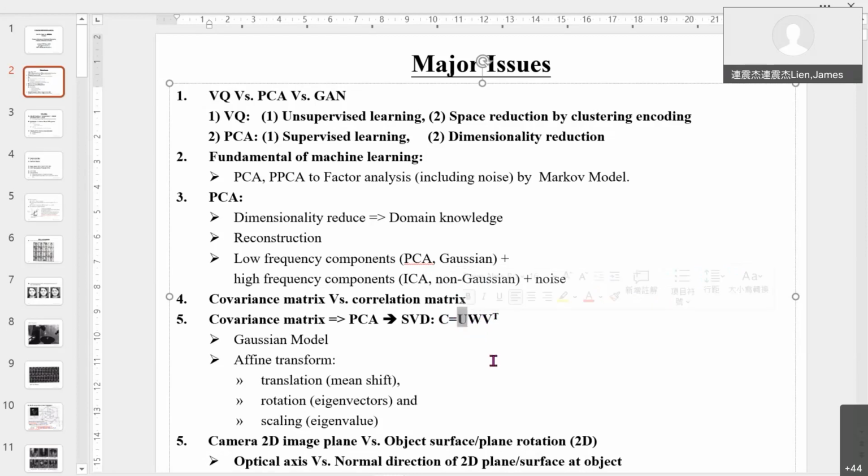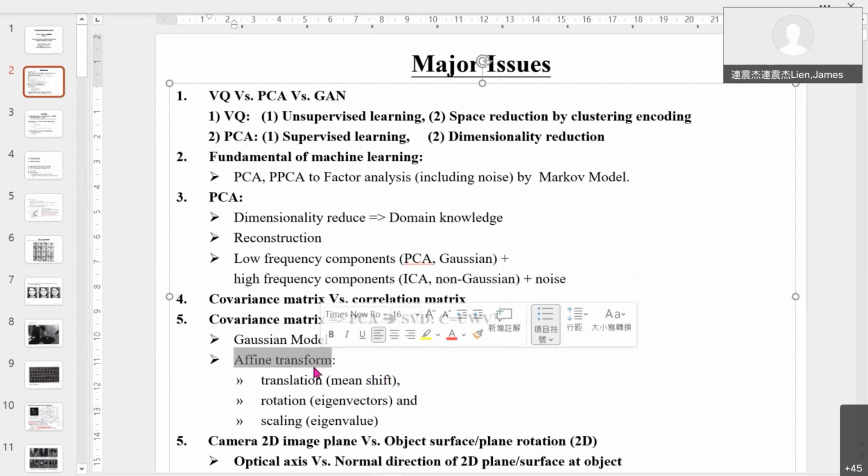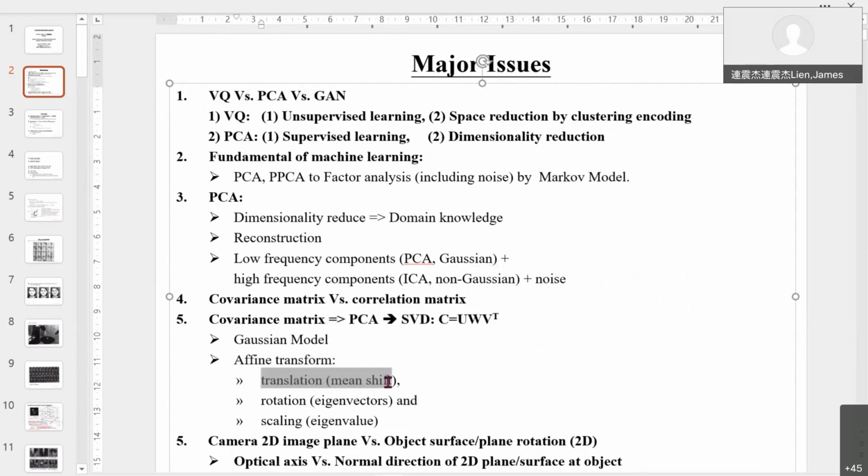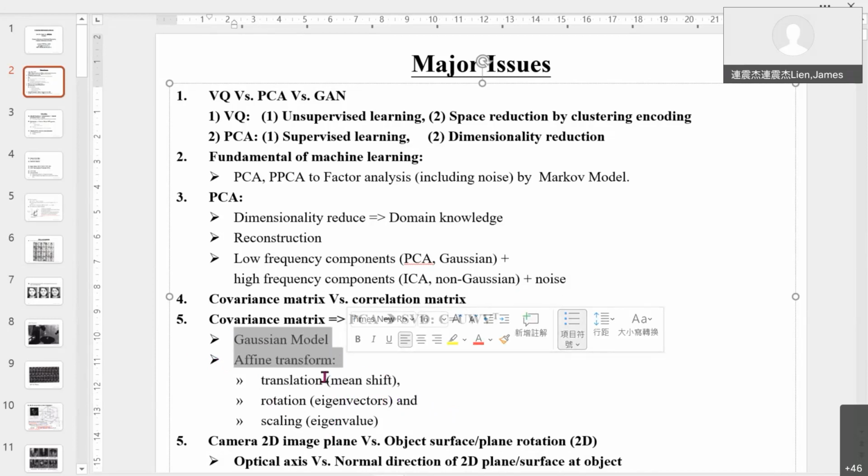So this eigenspace, this eigenvalue, this is rotation matrix. Okay, so what is this? So this is the affine transform. So PCA is affine transform because they include translation. We talk about that one is data and rotation and scaling. We talk about this one very soon. Okay, so I will explain to you why PCA is a Gaussian model, why it also has an affine transform.